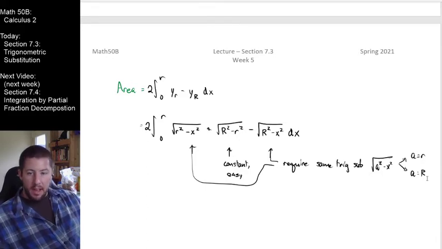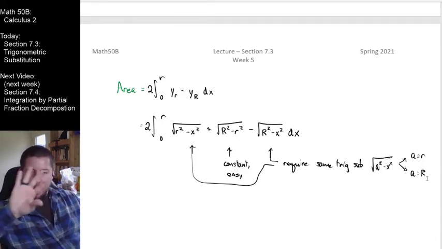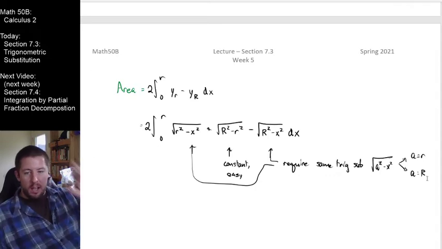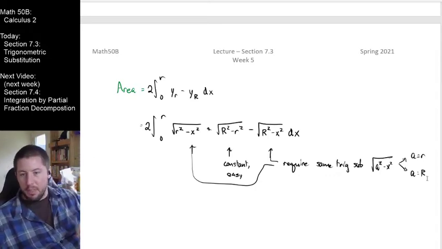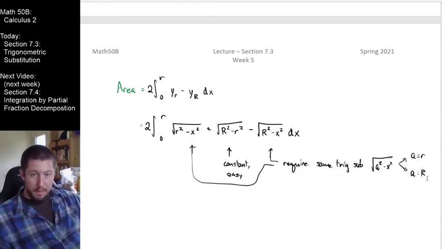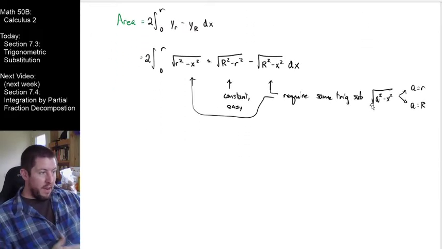When I'm done with it, I will sub back in little r to get my answer for the first integral. I'll sub in capital R to get my answer for the third integral. The integral in the middle, I think we can handle very easily right here.